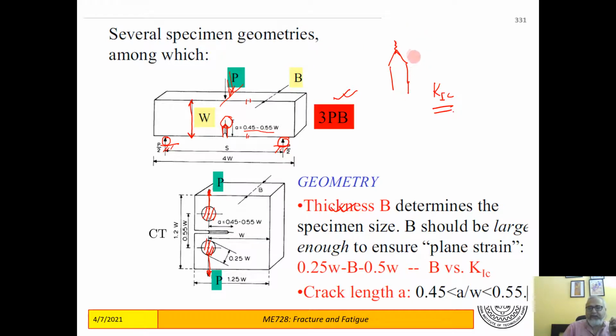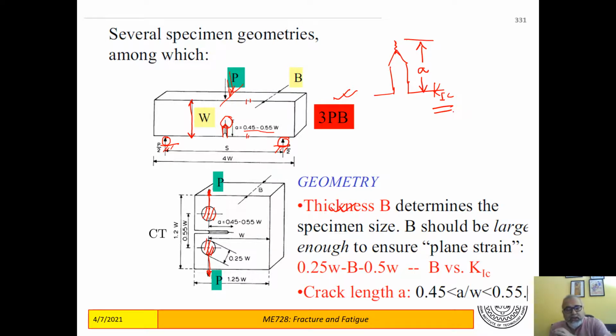Your effective crack length will be from here to the end of the notch, and it has to be roughly about half the width of the specimen, which means that you have to make the initial notch slightly shorter than that, and you have to have an idea of how much of a fatigue pre-crack you can grow carefully without causing catastrophic failure during the fatigue crack growth process.